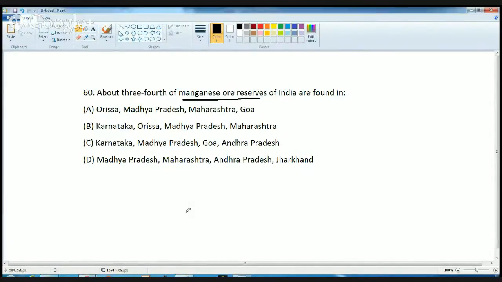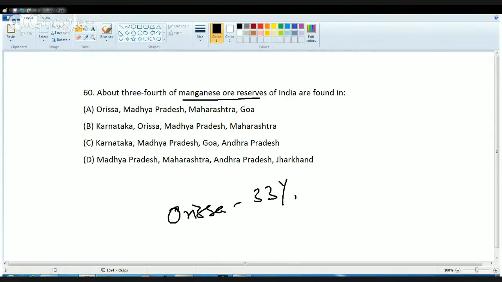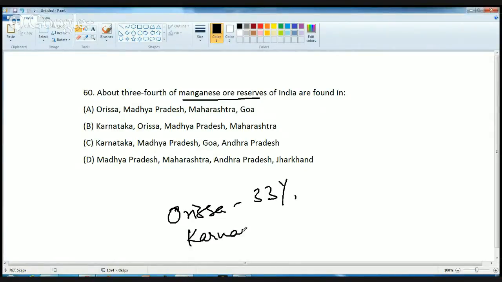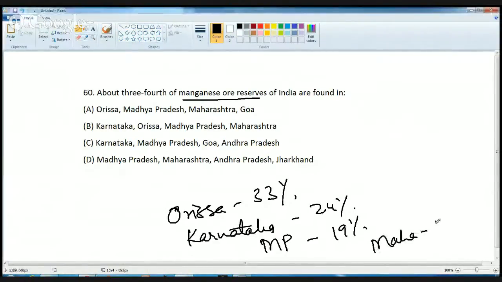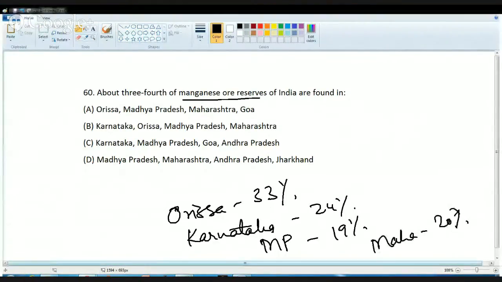So you have Odisha, around 33% of manganese reserves is found in Odisha. Then you have Karnataka, that accounts for around 24%. Then you have MP, or Madhya Pradesh, that accounts for 19 to 20%. And finally Maharashtra, again 19 to 20%. So these four are the major reserve centers for manganese in India.